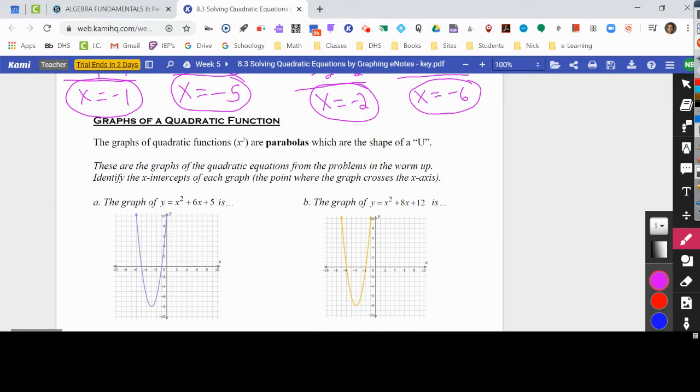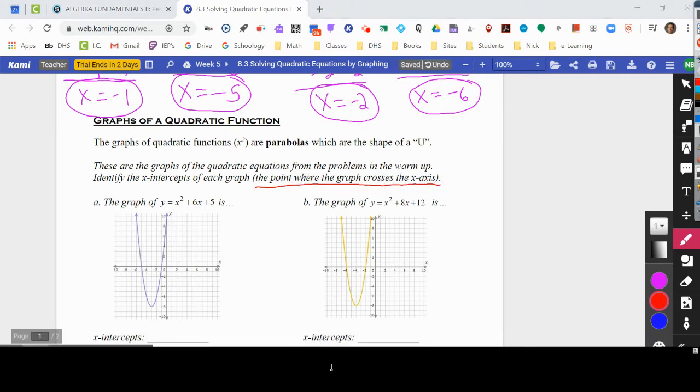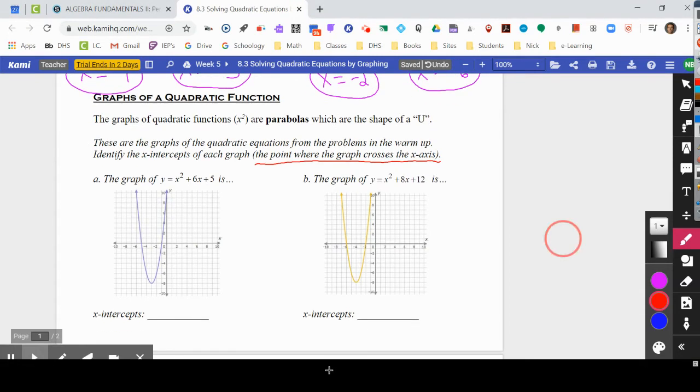We're going to identify the x-intercepts from each graph. The x-intercept is the point where the graph crosses the x-axis. So we're looking for the points where the graph crosses the x-axis on both of these. If we look at graph A, this is y equals x squared plus 6x plus 5, the same as warm-up number 1.